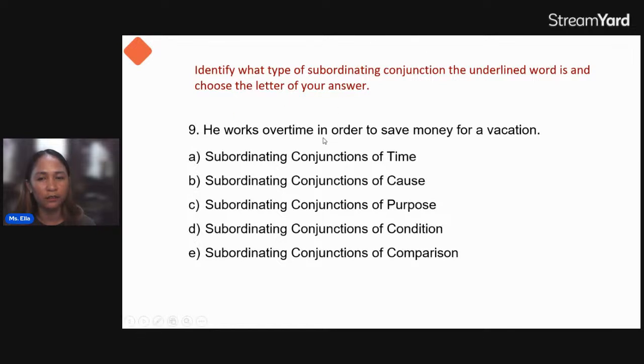Sorry, I did not notice it. The underlined phrase here is "in order to." Works overtime to save money for a vacation. Is it subordinating conjunction of time? Conjunction of cause, conjunction of purpose, conjunction of condition, or conjunction of comparison?